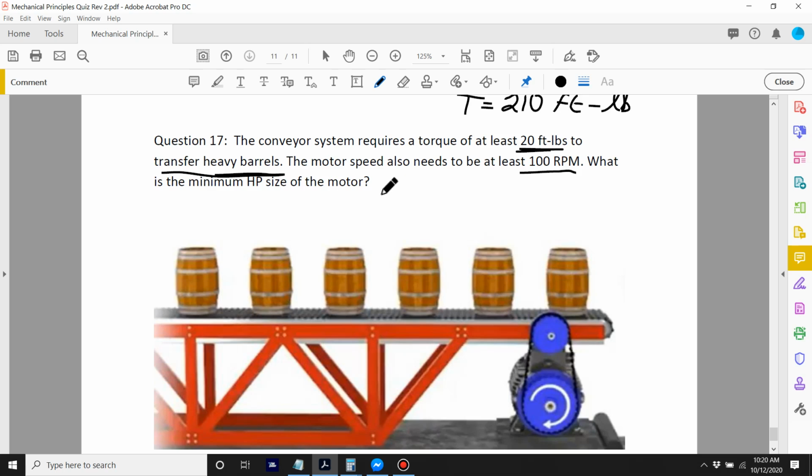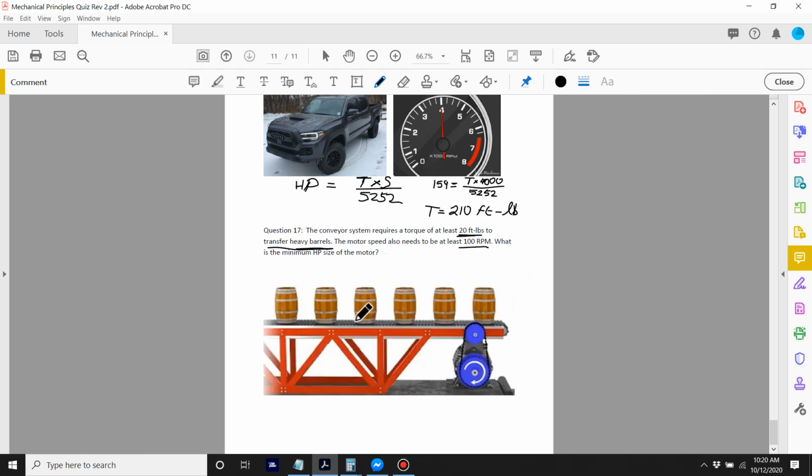So this is easy. Look. I'll just write down the equation. Horsepower is equal to torque times speed divided by 52. I'm pretty sure this can be a pretty low horsepower based on these specs.